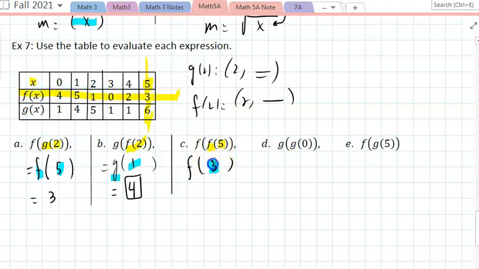Now this says, when x equal 3, there's x equal 3, what does f equal? You're still at the same function. That's a 0.